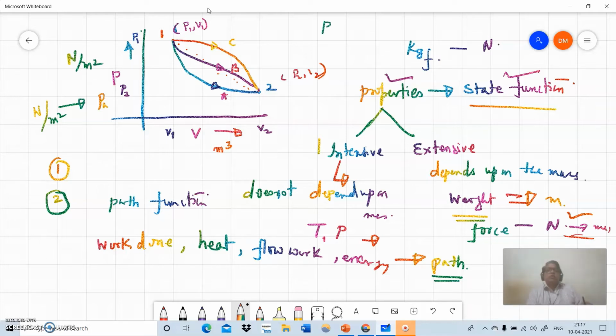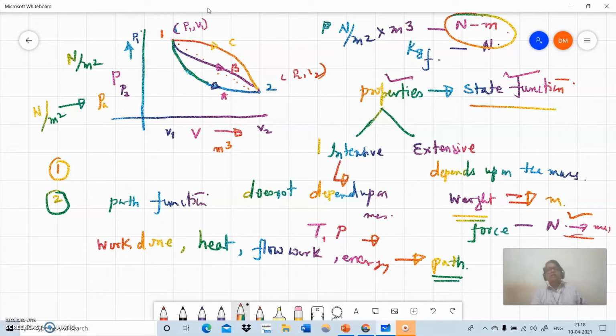Newton per meter square into meter cube, what will you get? Newton meter, isn't it? So what is Newton meter? It is work done. Or an energy unit. It is nothing but an energy unit. So the work done in the PV diagram is nothing but the area under this curve.